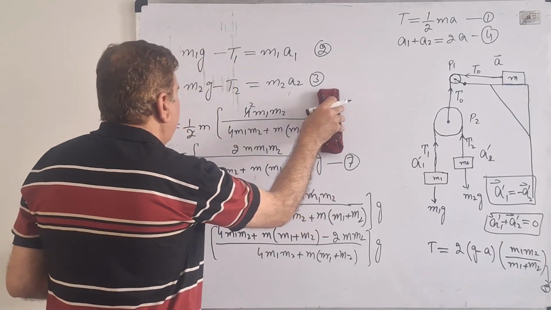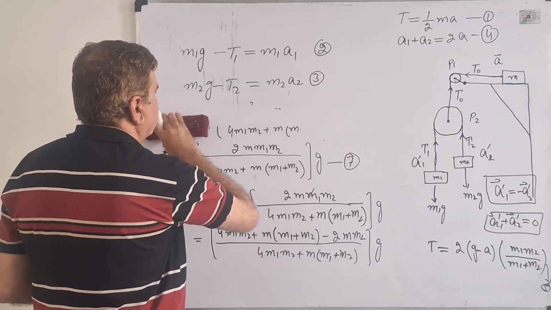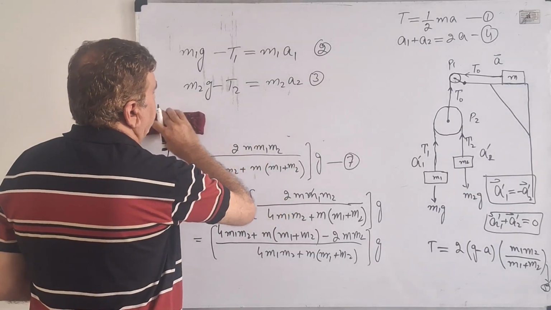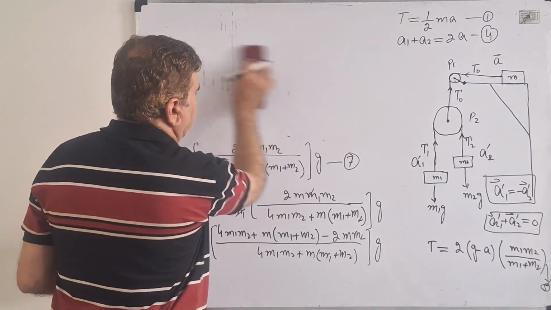So I want to write the final relation at this position. I don't need these, so I would remove them.